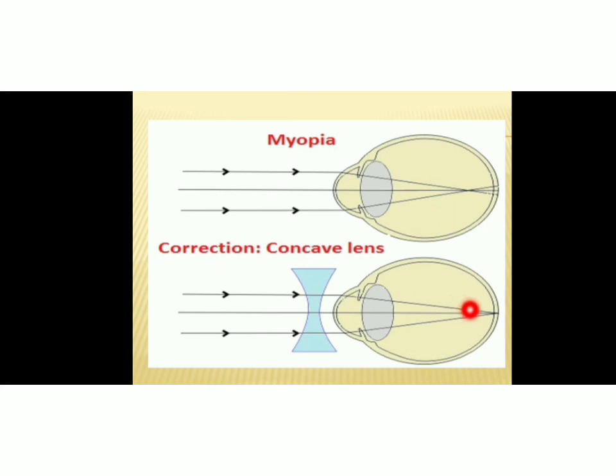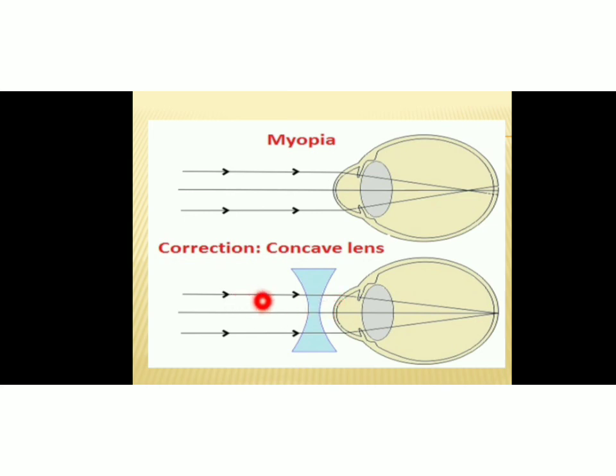This must be the actual case. All the light rays should converge on the retina. But since this person is suffering from myopia, the light rays are not converged at the retina, but at a point in front of the retina. So this is the defect, and how can we correct it? By using a concave lens like this.